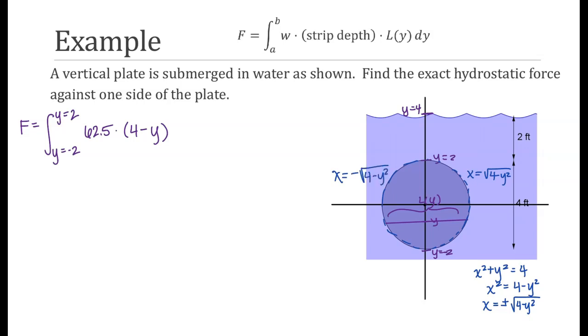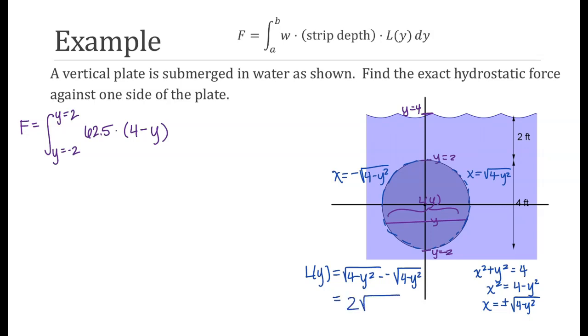So we can write the function L of y as the right side of the circle minus the left side of the circle. So that's radical 4 minus y squared minus negative radical 4 minus y squared. So minus negative becomes a plus.